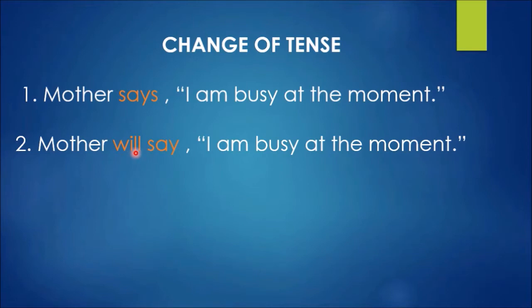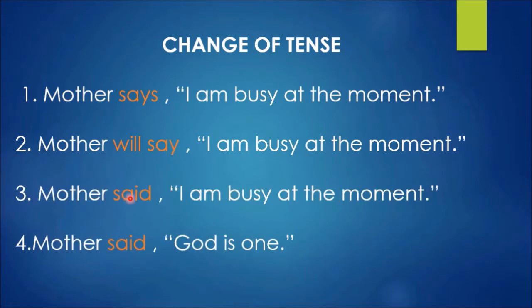There is future tense in the reporting speech and there is present tense in the reported speech. In the third sentence, mother said, I'm busy at the moment. There is past tense in the reporting speech and there is present tense in the reported speech.